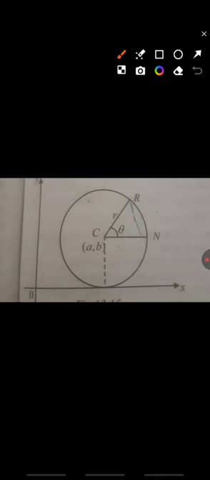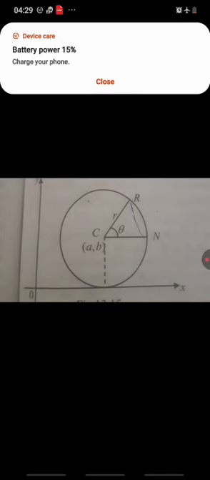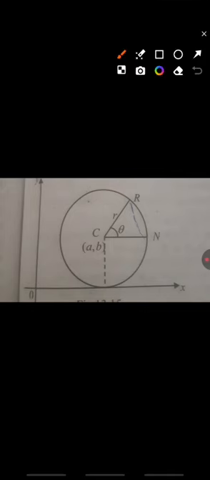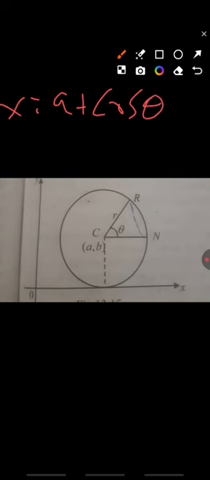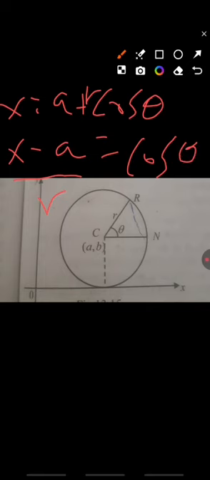So we can see that now we have our x. So x is equal to a plus r cos theta. So we can see that x minus a, all over r, is equal to cos theta, because we moved a to the other side of the equation, so it became x minus a, and then we divided both sides by r, so we got this.